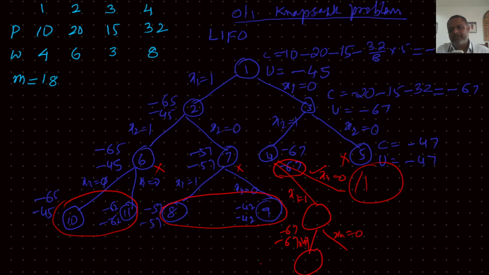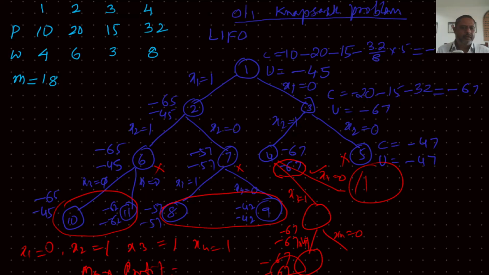So that gets us to minus 67, and that way we can tell minus 67 is the answer, which says that x1 is equal to 0, x2 equal to 1, x3 equal to 1, x4 equal to 1, and maximum profit is opposite of minus 67, which is plus 67. So that way we can do it.